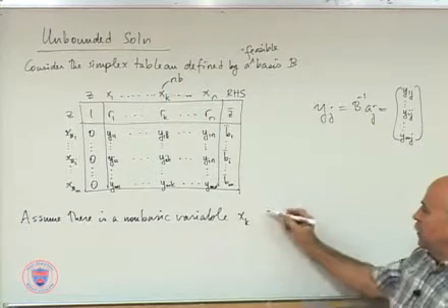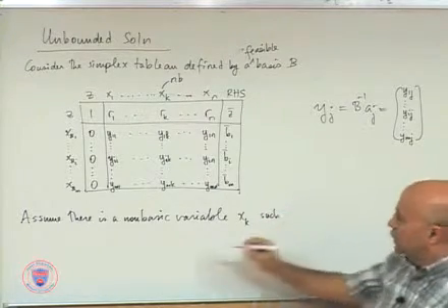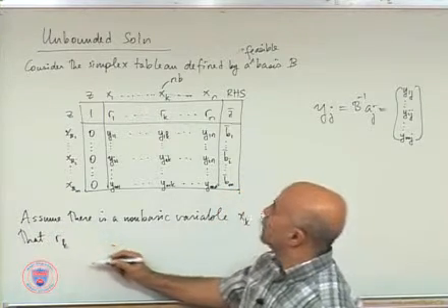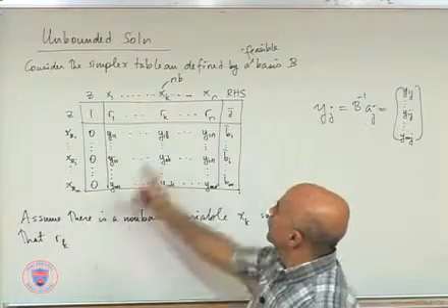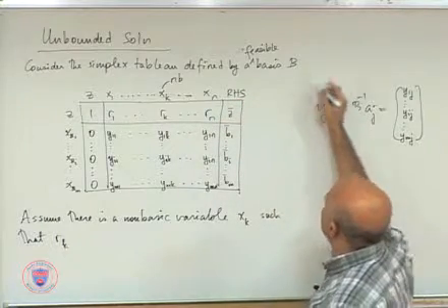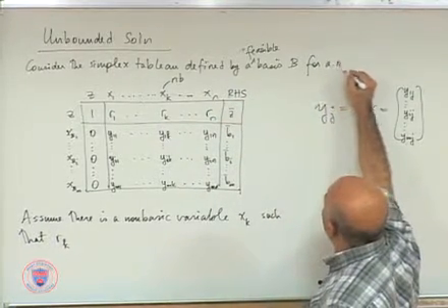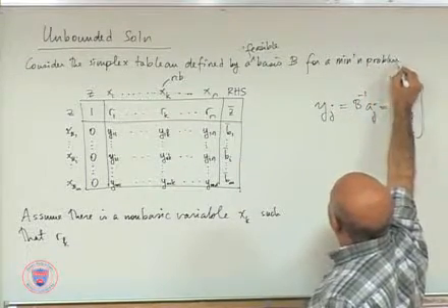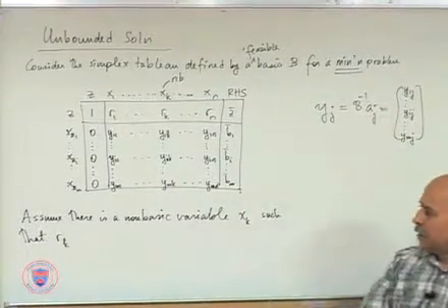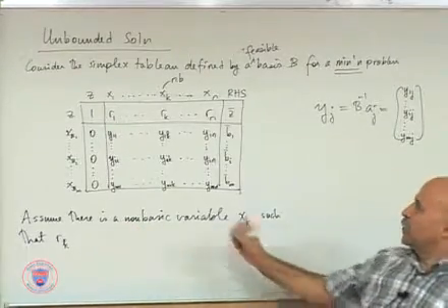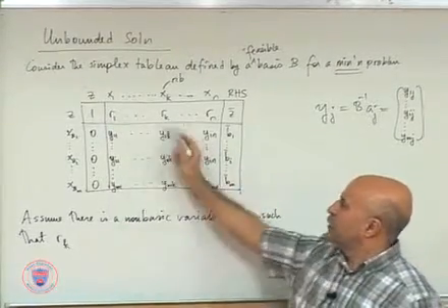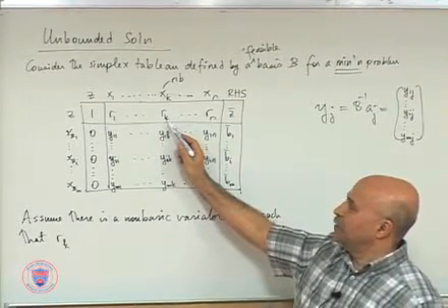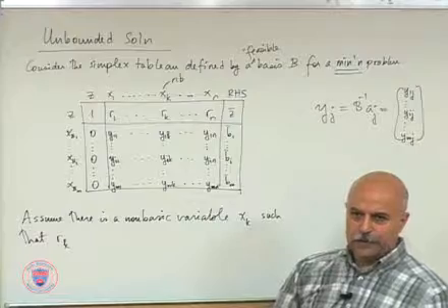Such that the reduced cost rk is, this is a minimization problem, so consistently defined by a feasible basis for a minimization problem. Okay? So, assume there's a non-basic variable xk which prices out favorably, meaning that the reduced cost is good for you.